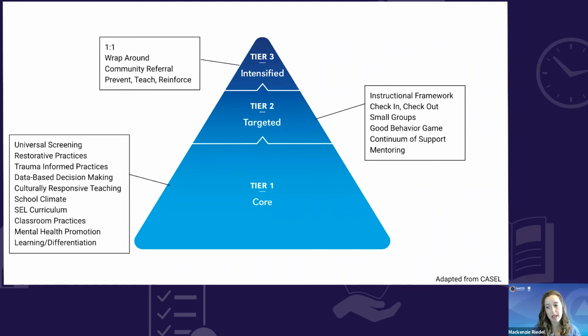A piece of that data could be the screening data you collect, and the interventions on the screen here may be interventions you could provide at that tier. But if you're seeing a need in your building, you might change some of those services and what they look like.